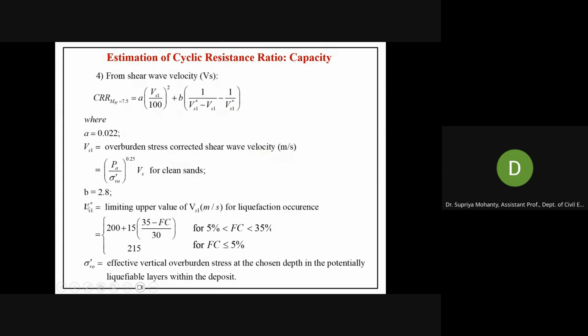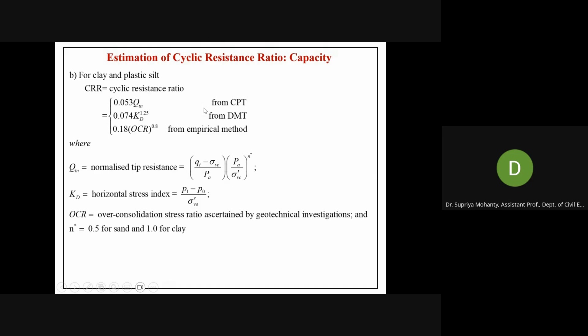And VS1 star is the limiting upper value of your shear velocity VS1 for liquefaction occurrence. Depending on the fines content, if you have fines between 5 to 35%, then you can use this expression. And if it is less than 5%, this VS limiting value is 215. And that you can use in the CRR 7.5 expression.